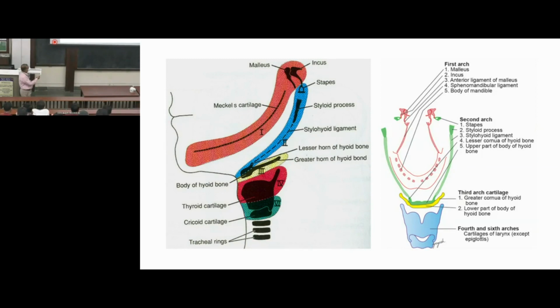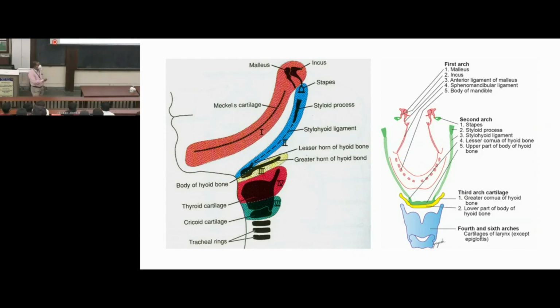Second arch, you can see here, S. Lesser is smaller, upper is smaller part. So all are derived with or start with the letter S. Upper is superior part of the body of the hyoid. So all S's are second arch. Stapes also is S.